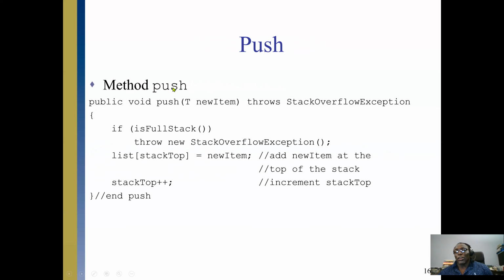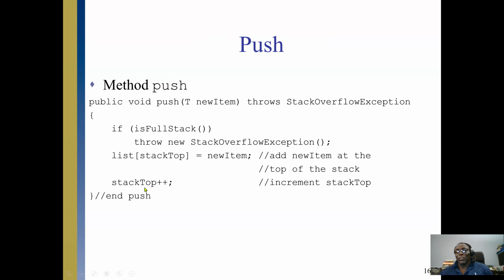Next, we want to push an item into a stack. Again, this is a re-implementation. So the first thing we do is to check if there's a space in the stack. If there's a space, then we are going to assign the new item to the stack top index. Then we increment the stack top by 1, because when we push an item there, top will increment by 1.